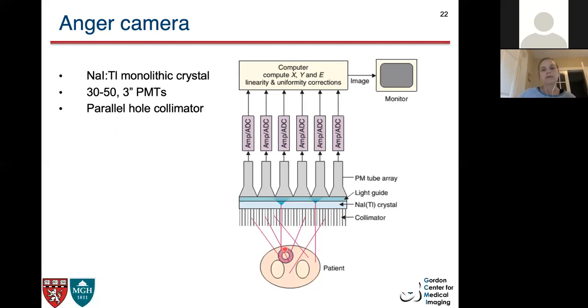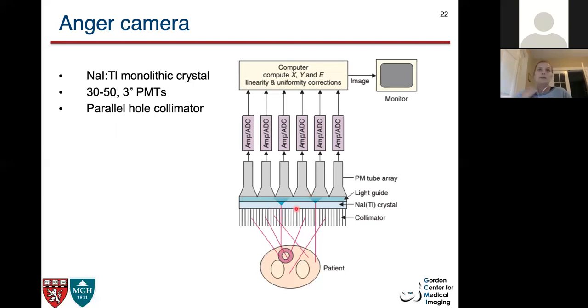The collimators are made of high density materials that will absorb any gammas that are incident on the detector with an angle not aligned with the collimator. So in this figure, we see a parallel hole collimator. Only gammas that enter perpendicular to the detector face will be allowed to enter the detector. All gammas that enter from oblique angles will be absorbed in the collimator and will not reach the crystal.